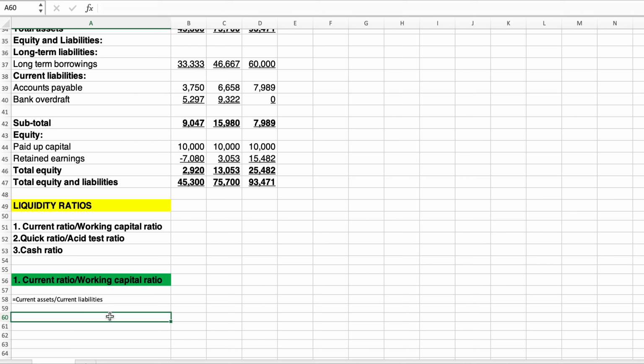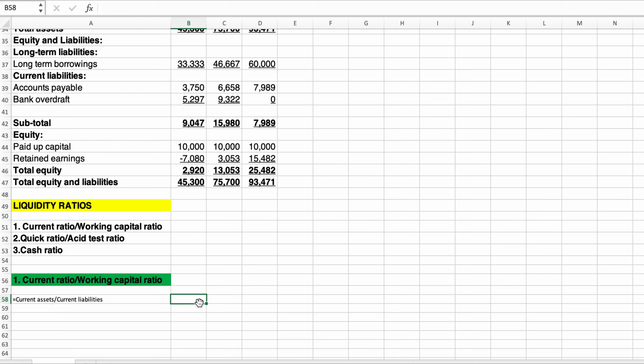So in our question here, we will be able to calculate the current ratio. Current ratio is equal to current assets over current liabilities.